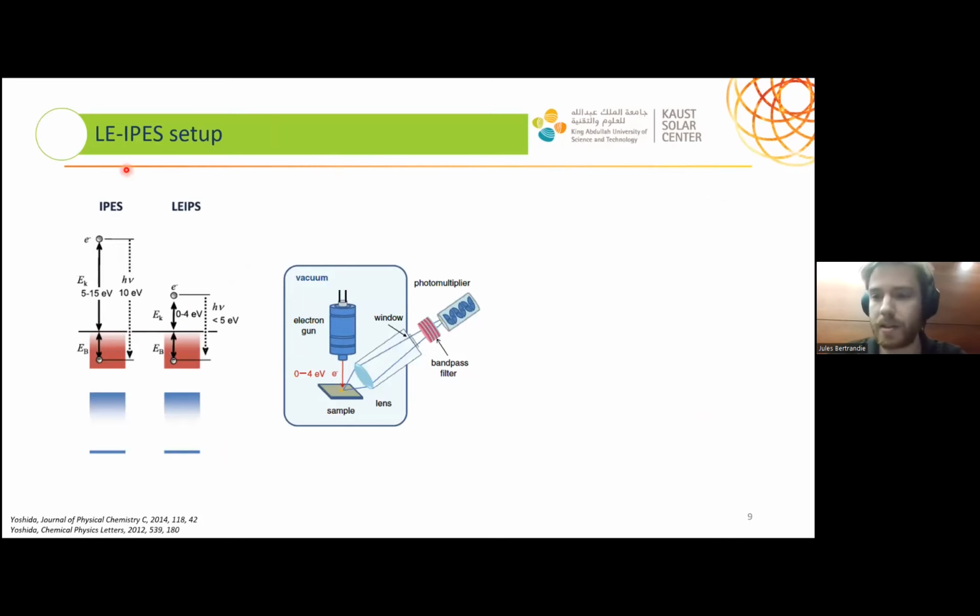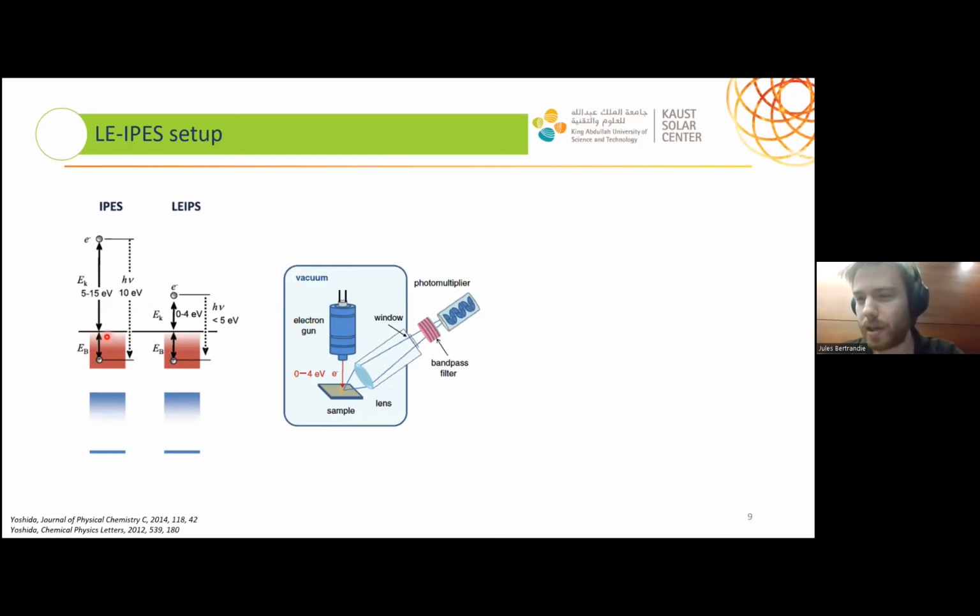One setup that is more known is the IPES. However, the IPES, so inverse photoelectron spectroscopy, is higher in energy than the low energy one, like it is in the name, where we have much higher energy.